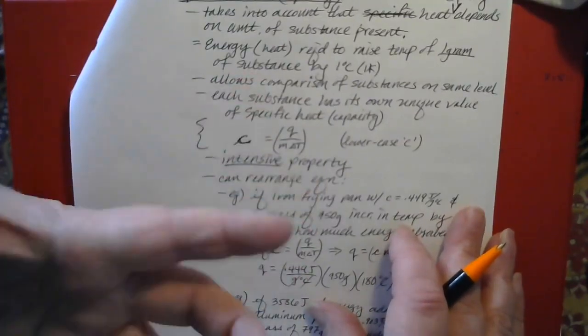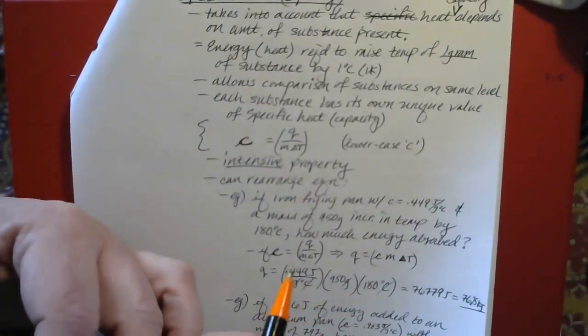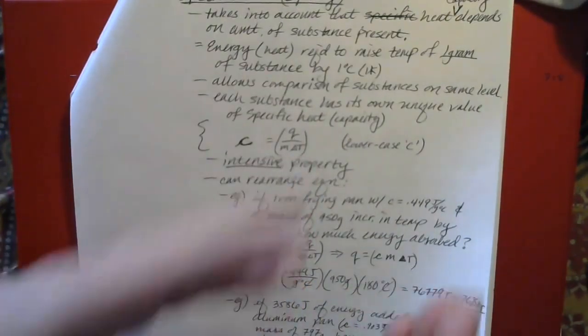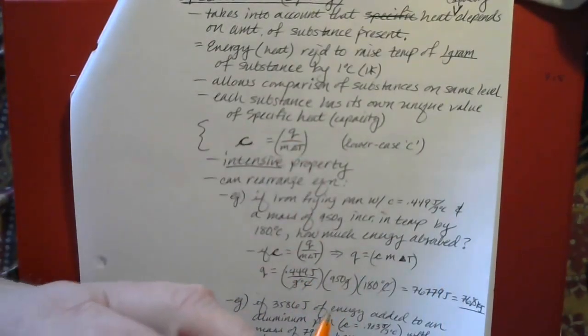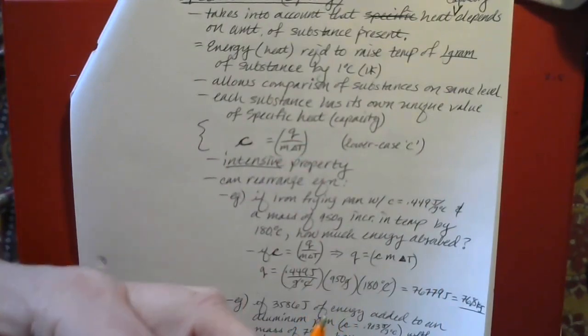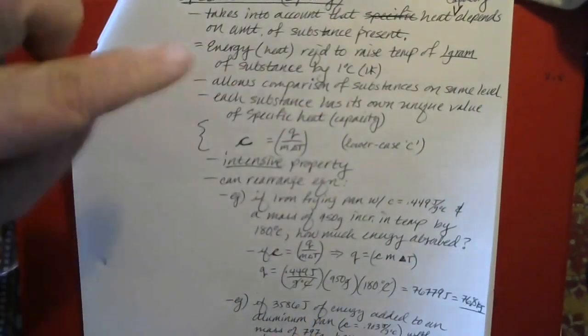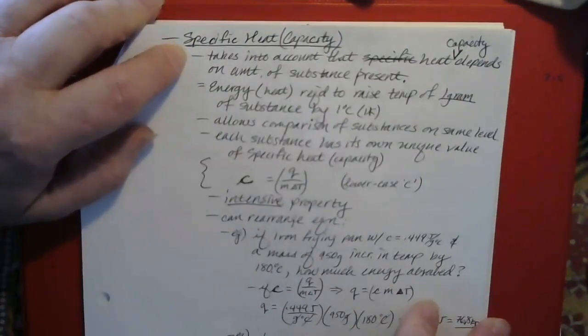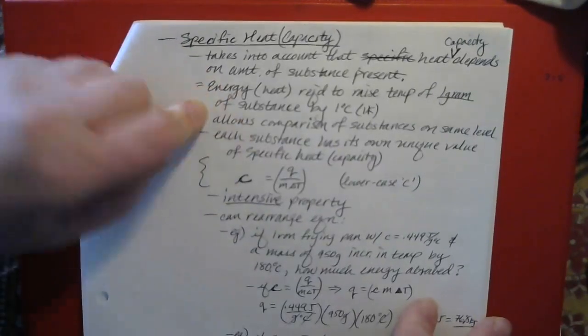If you're using heat capacity, then you're pretty much stuck using whatever amount you originally found the heat capacity for, and you can't change the size or the amount of the substance you're dealing with. If you're dealing with specific heat, you can change the amount of substance as much as you want, because mass is part of the equation.